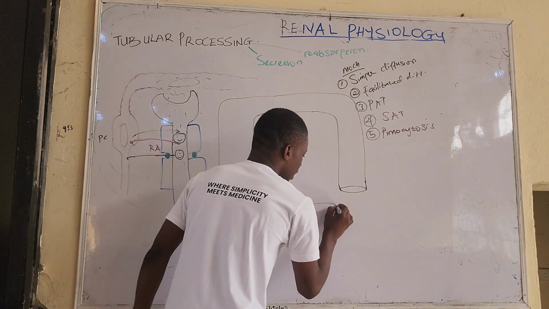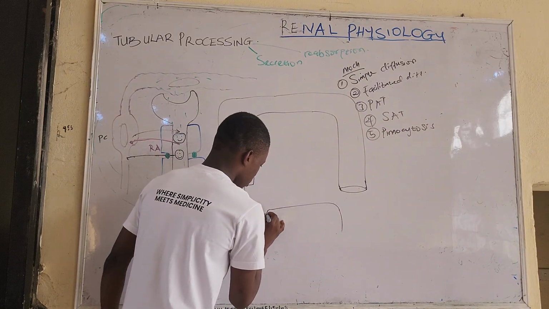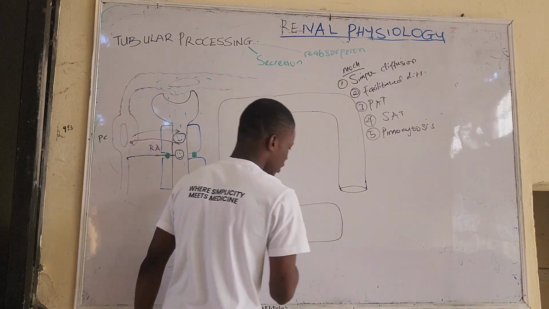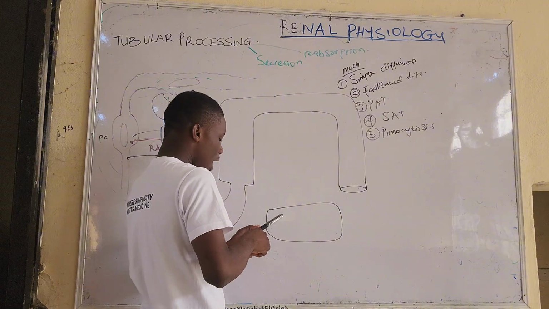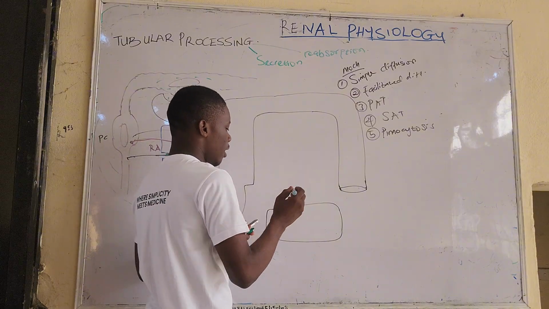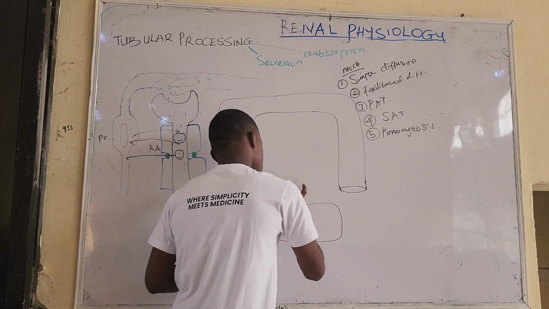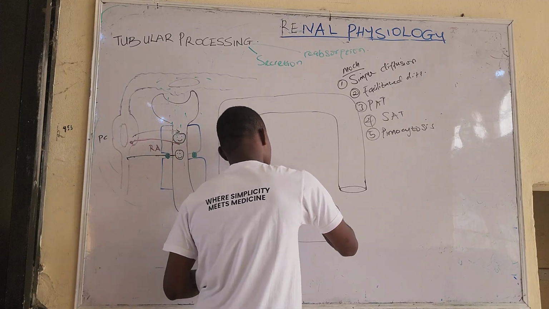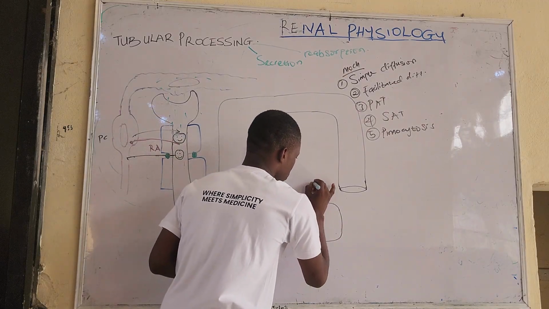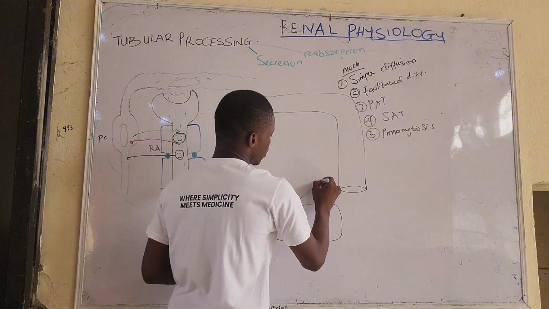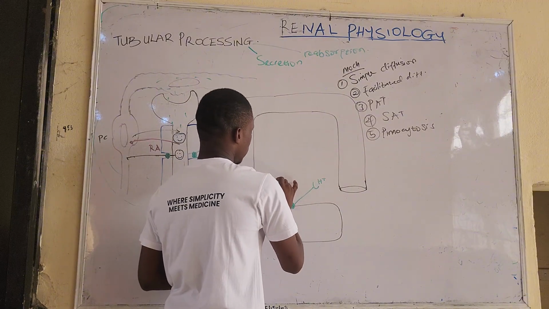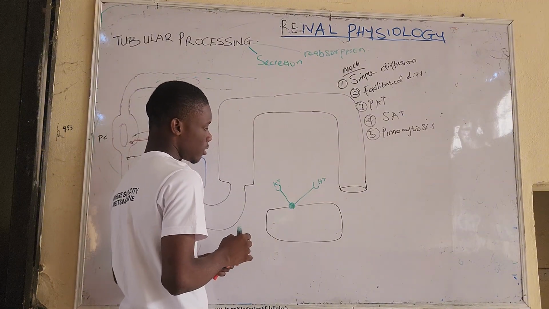Let's say we have a cell like this, right? Now on this cell, let's say we have a transporter like this. This is a transporter. Maybe hydrogen is binding here, potassium is binding here. Are you following me?